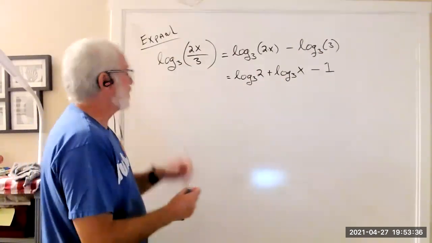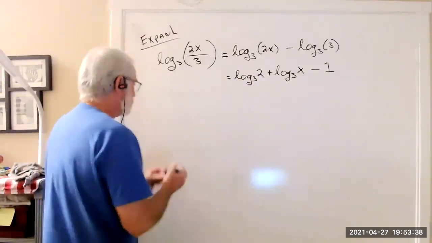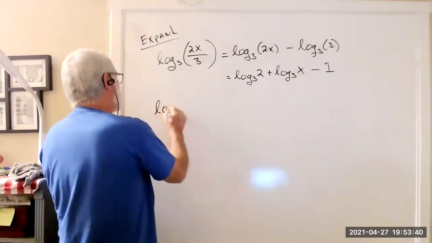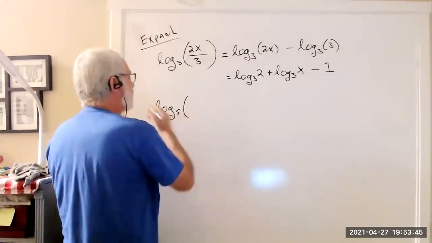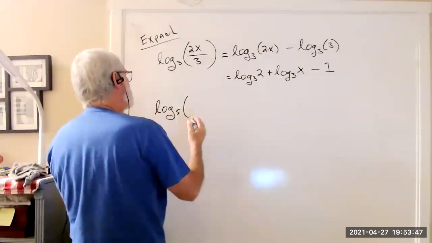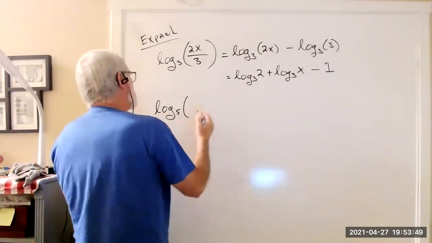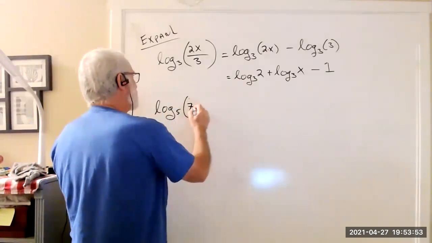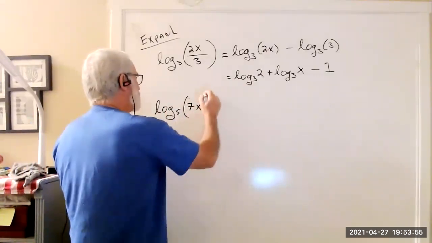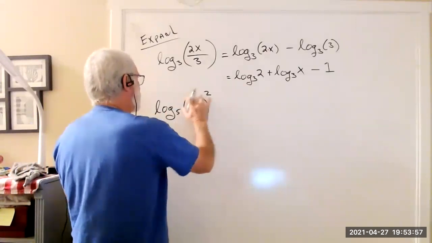Okay, let's try another one. What if I have the log, I don't know, base 5 of 7x quantity squared.